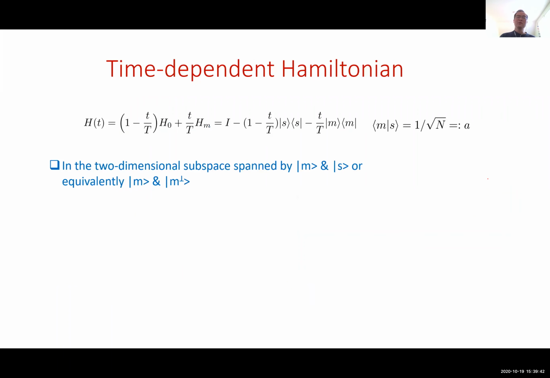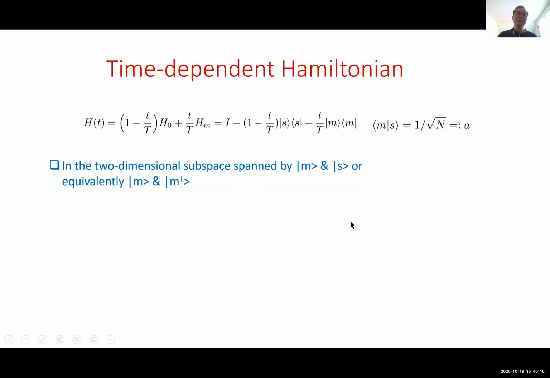Okay, so given that we have this Hamiltonian, we can diagonalize that, right? This is a Hamiltonian spanned by two vectors, two projectors. So we can diagonalize in the space spanned by M and S. But these two are not orthogonal, so it's better we choose a basis that is orthogonal.